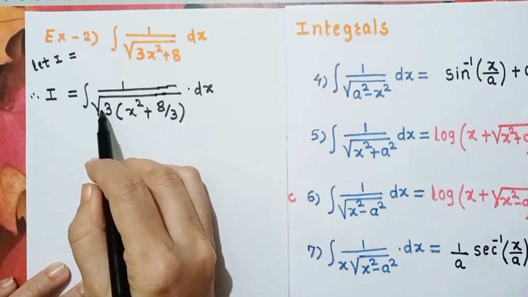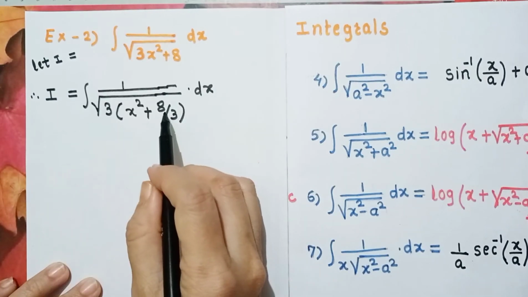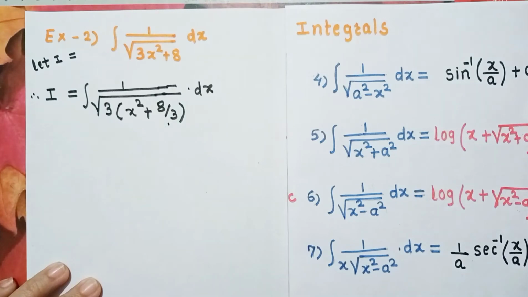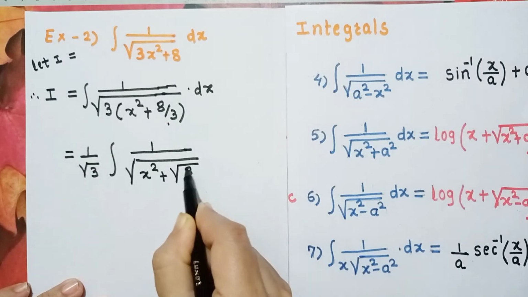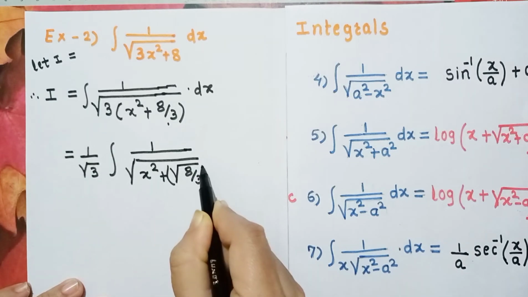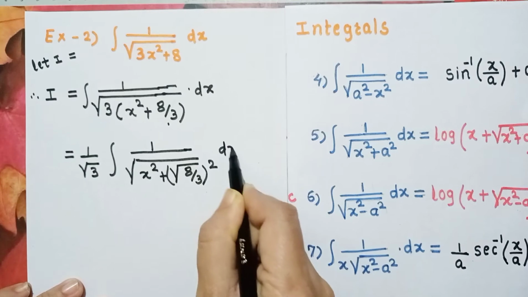Now again we will take this root 3 outside, and we will keep this term in square form, and here root 8 by 3 bracket square dx.